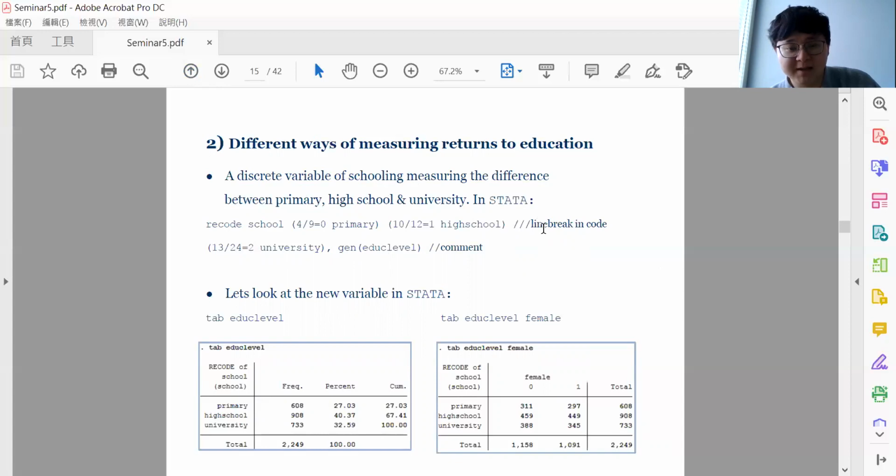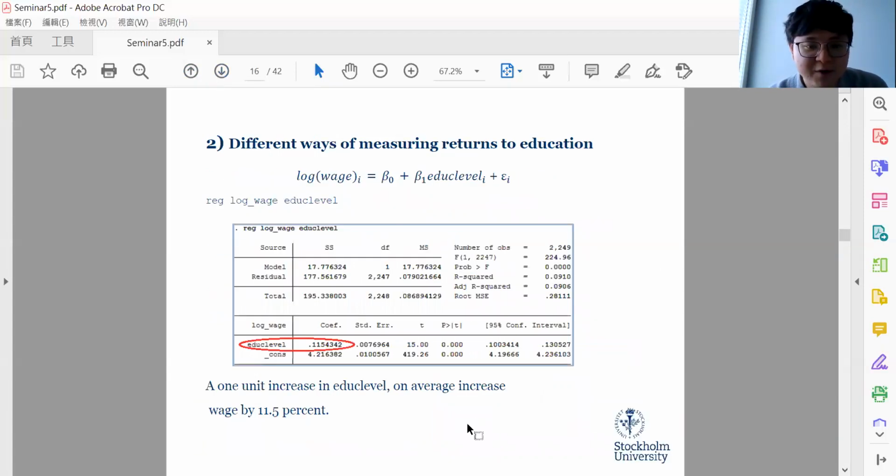Here we categorize them as three different education levels. We make primary level 1, high school level 2, and university level 3. So you can also do this, and you get that on average, a 1 unit increase in education level will increase wage by about 11.5%, which is quite significant. So basically, these different specifications both show that the returns to education are positive and stable.